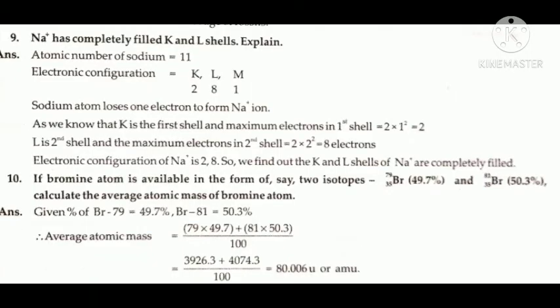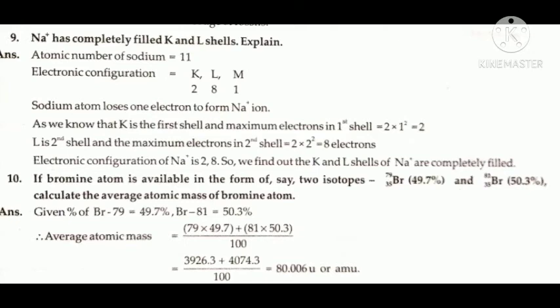Question number 9. Na plus has completely filled K and L shells. Explain. Answer. Atomic number of sodium is equal to 11. Electronic configuration K, L and M have 2, 8 and 1 respectively. Sodium atom loses 1 electron to form Na plus ion.